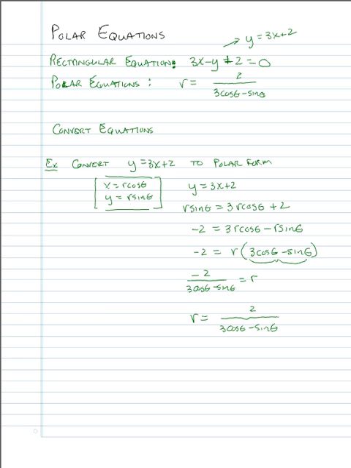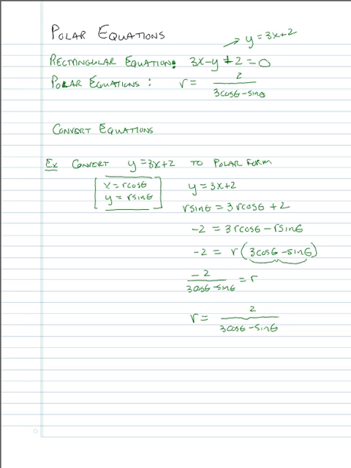So you can see here we started with a line in rectangular form, and we've converted it to polar form. In this case, that's a little more complicated equation for a line, but it certainly is a line, and we could graph it if we so desired, but it'd be easier to graph the rectangular.